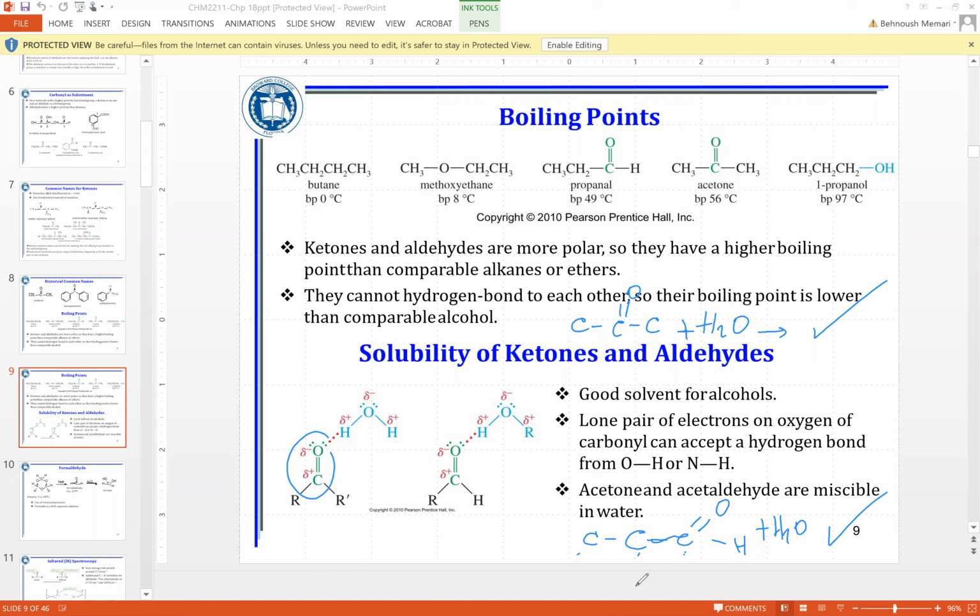If you have 1 carbon, formaldehyde definitely dissolves in water, because formalin, a 40% formaldehyde in water, is used as a preservative agent for tissues, like animal tissue in a biology lab. When you see those containers, they're actually formalin, where they keep the tissues, human tissue or animal tissue, in there.